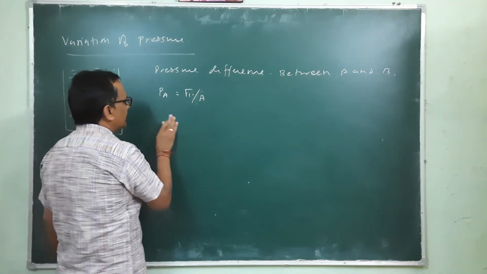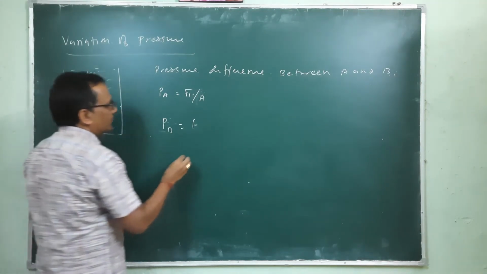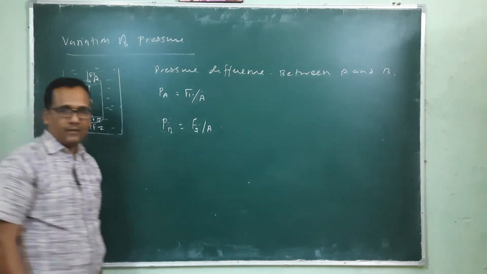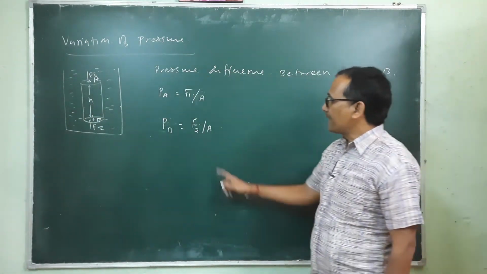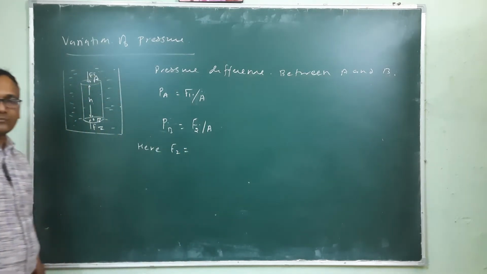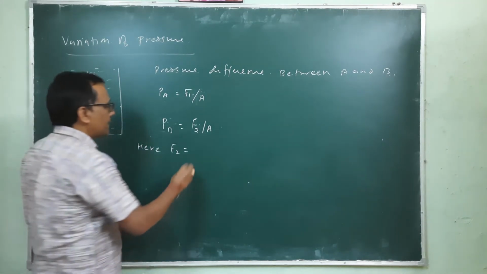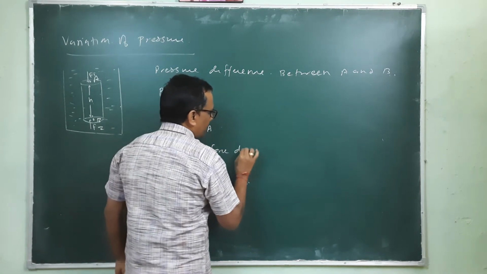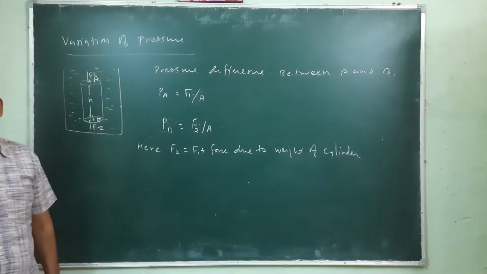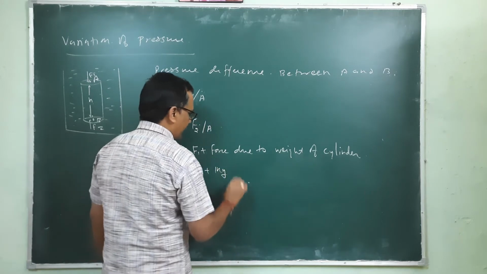And PB is equivalent to, let's say here this force is F2, here this is F1, so this is F2 upon A, since the area of cross section is the same, as the cylindrical bar is here. And F2 is equal to F1 plus the force due to the weight of this cylinder, and the weight of the cylinder is just mg. So this is equivalent to F1 plus mg.